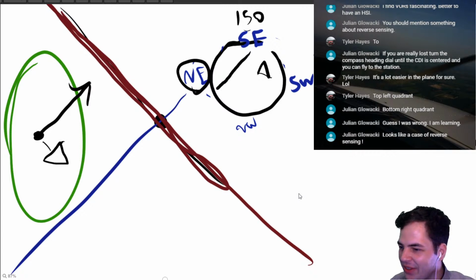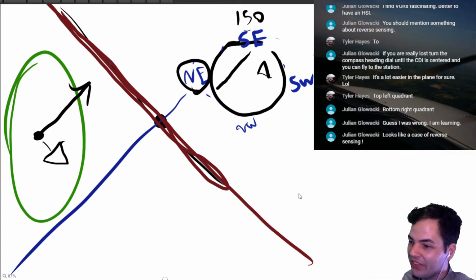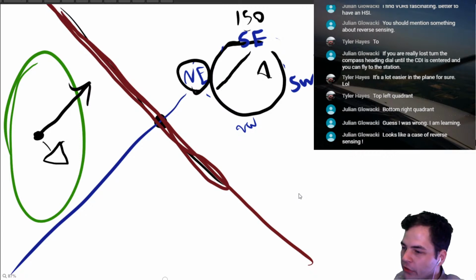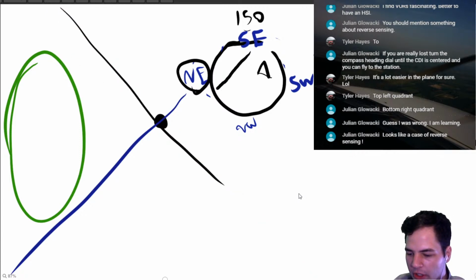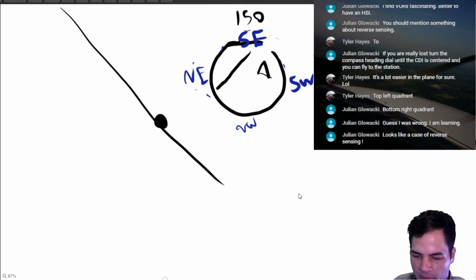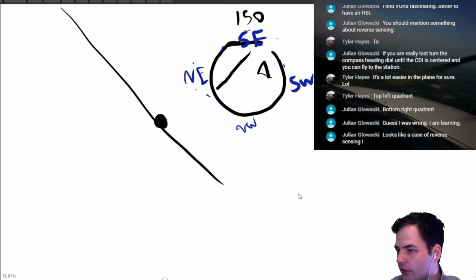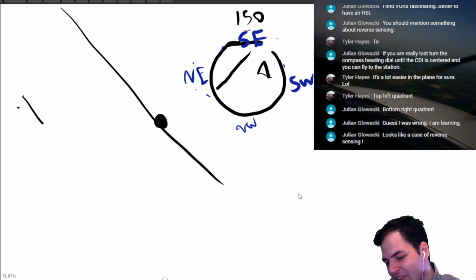Yeah, Julian, this is what I was saying, it's so easy to get your head on backwards. Let me put this another way. Let's say this is what the test question gives you. This is what Transport Canada gives you. And let's say all the airplanes on the page just so happen to be pointed this way.